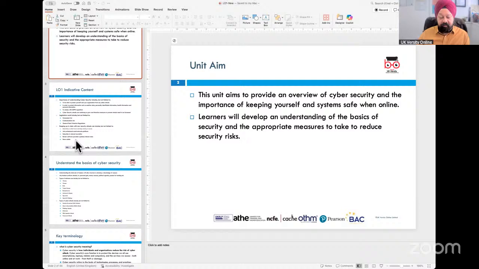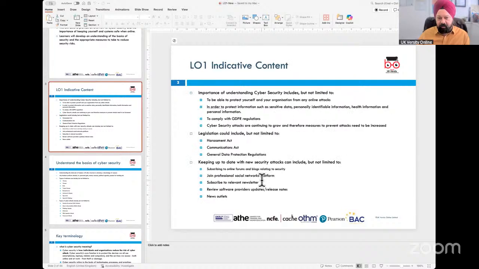Now, in terms of the indicative content, there is a fair amount that we need to look at, but our discussions are primarily going to be around three areas. How do you protect yourself? First, the government creates legislation and acts, and these are generally implemented globally.